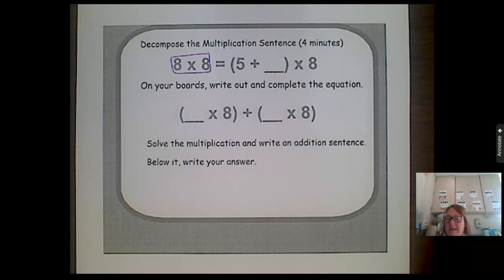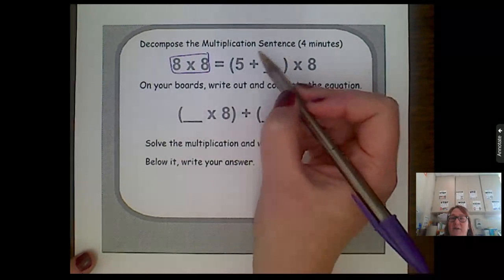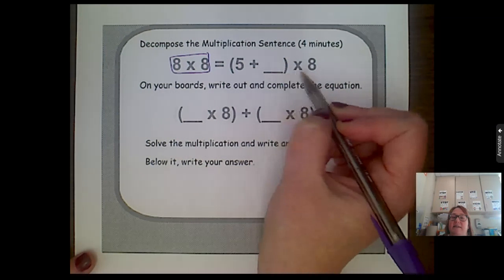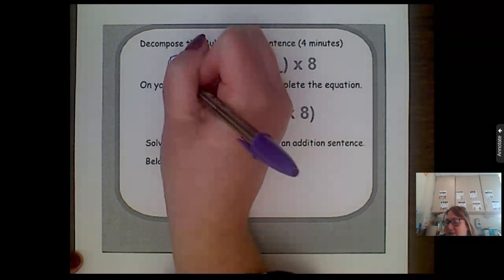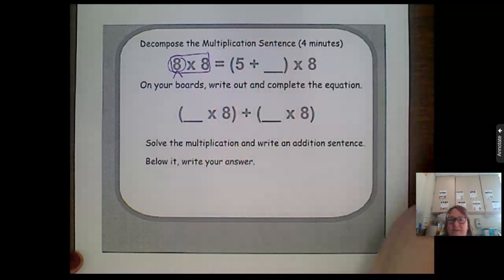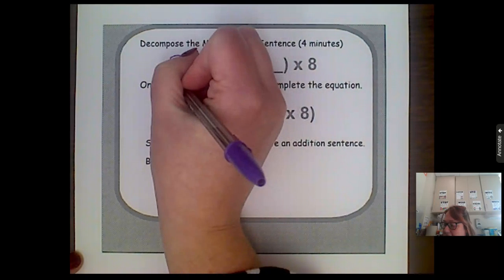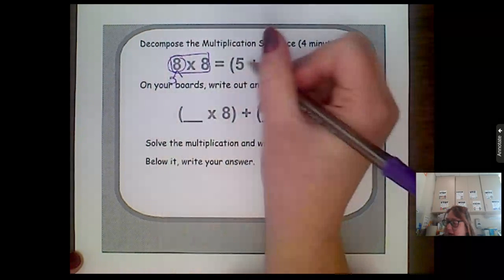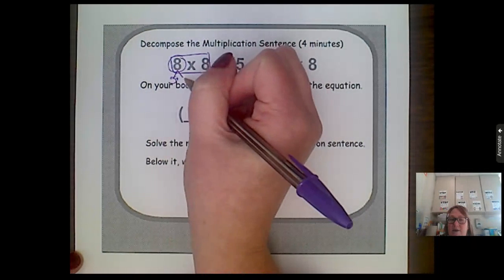Good. But that's not what we're doing. I want to decompose this 8 times 8, so it equals 5 plus blank times 8. If you remember, we took this digit right there, and I'm going to put that little caret under it to decompose it, which means to break it up. This one is a 5, because it already gave me the 5. So 5 plus what? And this is kind of scrunched.